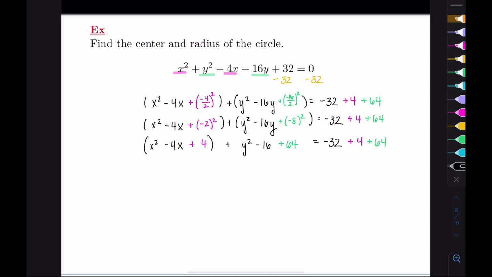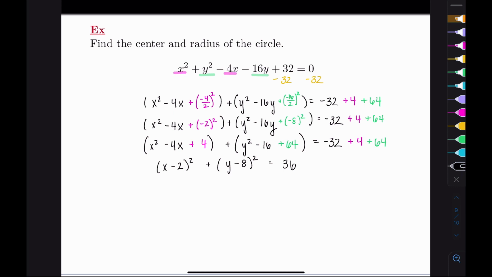Right. Now we go ahead and factor, and this factors nicely as (x minus 2) squared. This one factors nicely as y minus 8 times y minus 8, so (y minus 8) squared. And if you do negative 32 plus 4 plus 64, it ends up equaling 36.